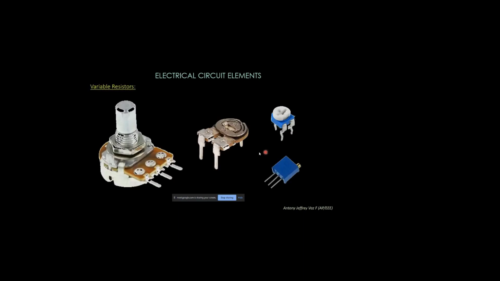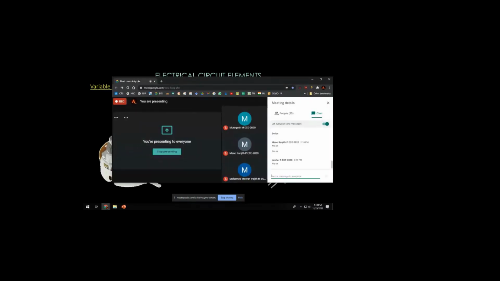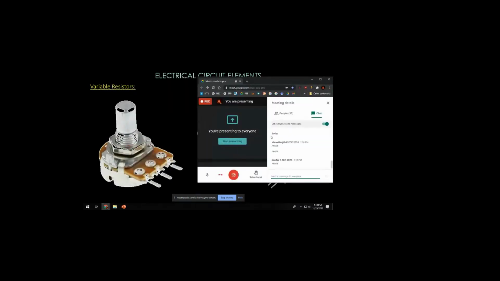And the last type is the variable resistance. Any one of you have seen this resistance in your home? You are using this type of resistance in your home for some purposes. Any one of you have seen this thing? Fan.